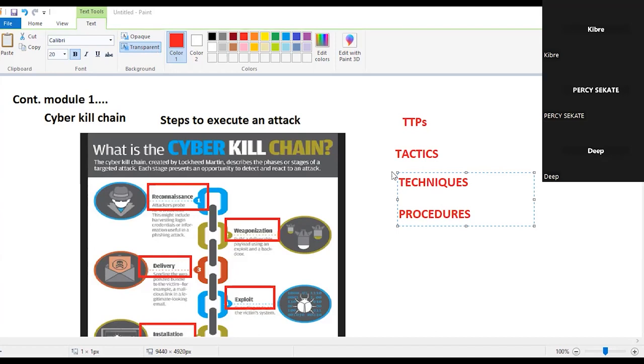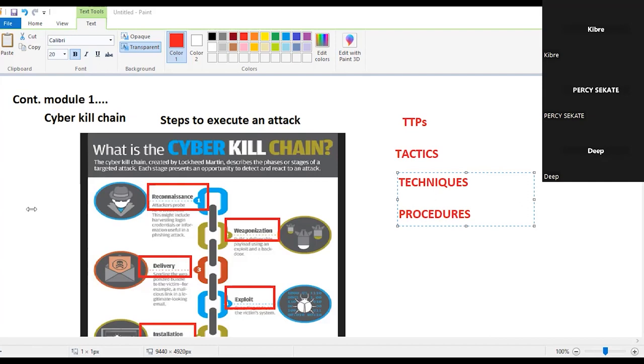So the proper TTPs are used to follow the cyber kill chain. Again, tactics means the strategies and the planning which we decide for an attack.